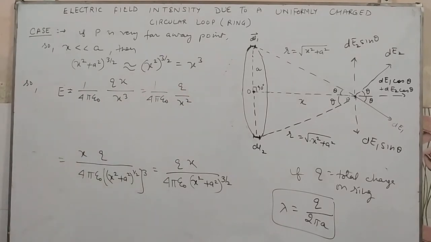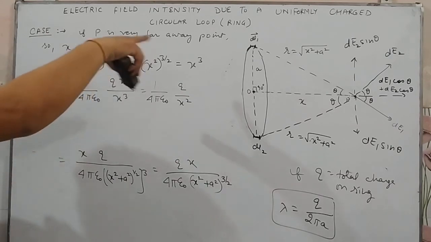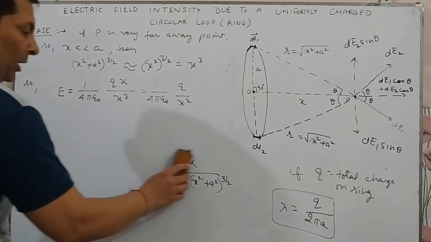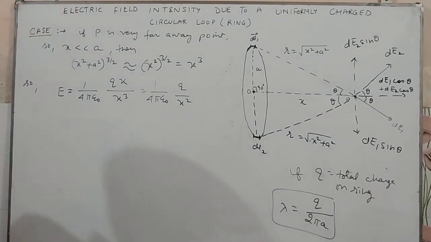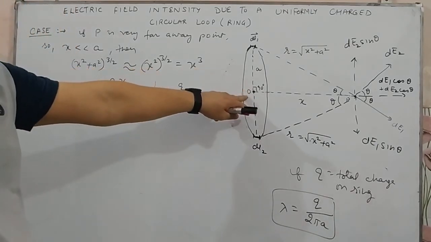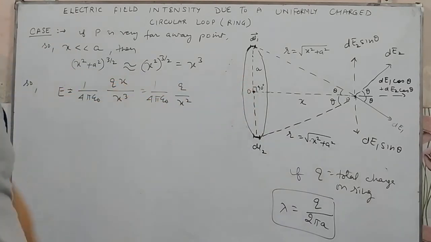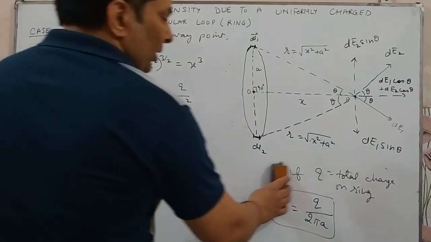So you can see in this case, if the point P is a very far away point, the result for the electric field intensity for this loop actually reduces to the same result which we obtained for the electric field intensity at point P due to a point charge Q placed at point O. Okay, so the same result we obtained in this case.